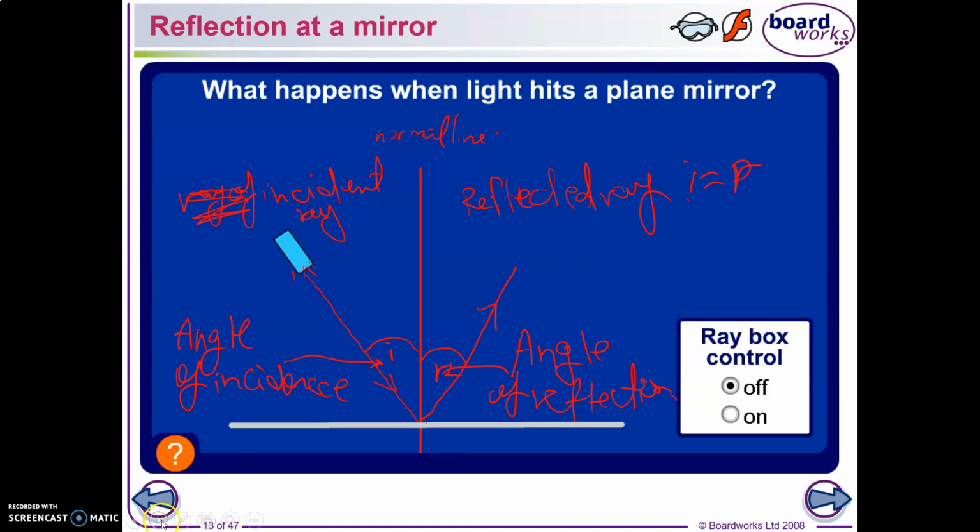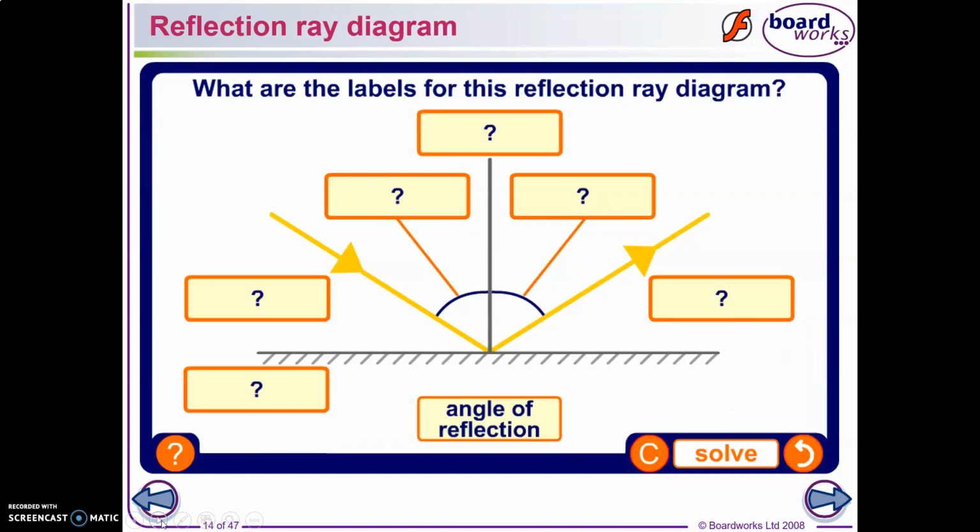Now this is a little something for you to do. Look at the diagram. You have to draw the diagram yourselves and then label it, and also try to define what the angle of incidence is, and what the angle of reflection is. You can define them using the diagram.